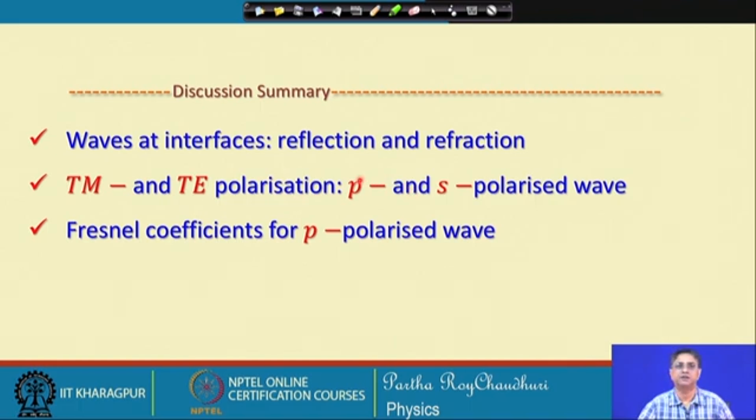We call the TM polarized wave a P polarized wave, and the TE polarized wave an S polarized wave, and we were discussing the Fresnel amplitude reflection coefficients for the P polarized wave, and we will continue this discussion in the next section. Thank you.